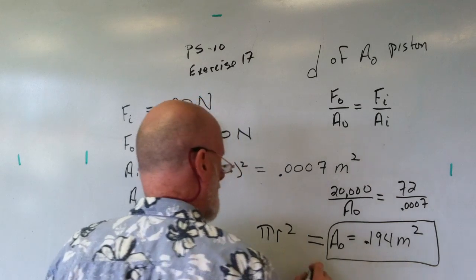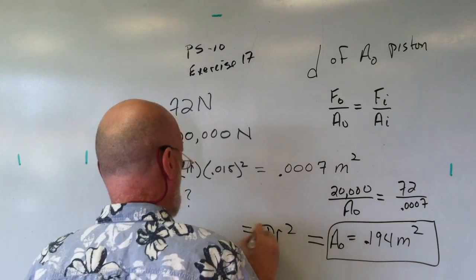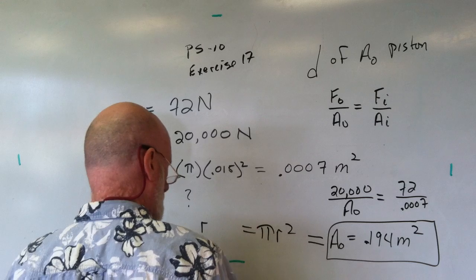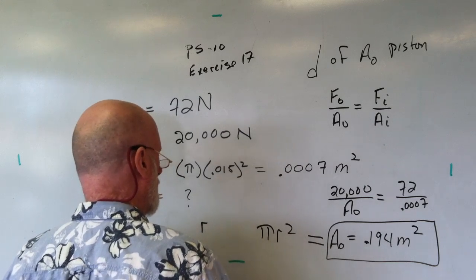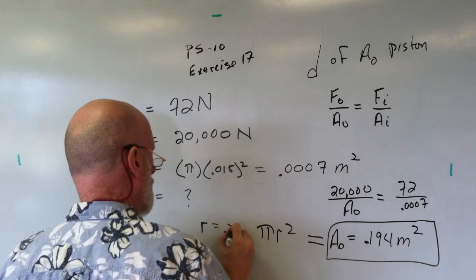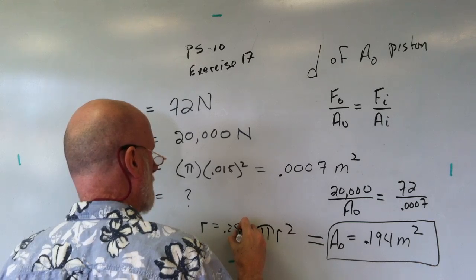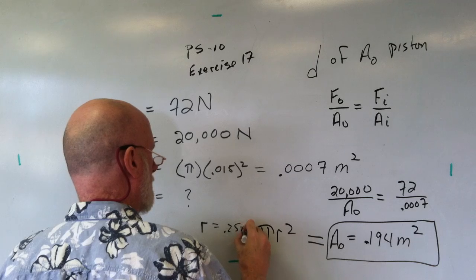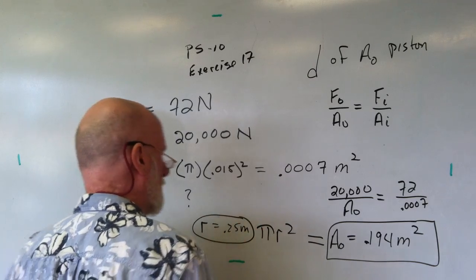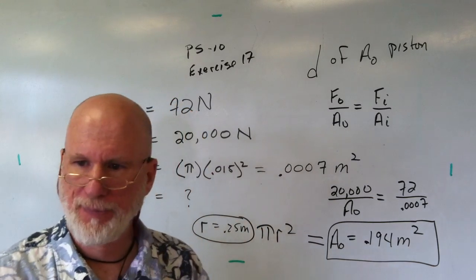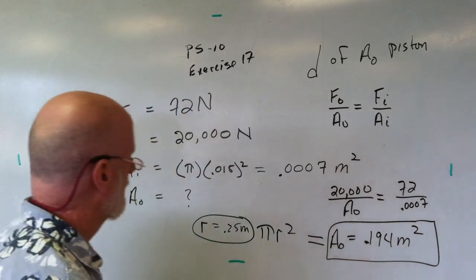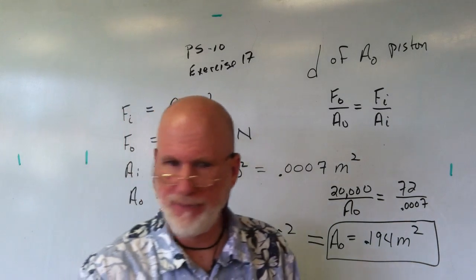So the radius equals 0.25, right? Yes? 0.25 meters, is that right?